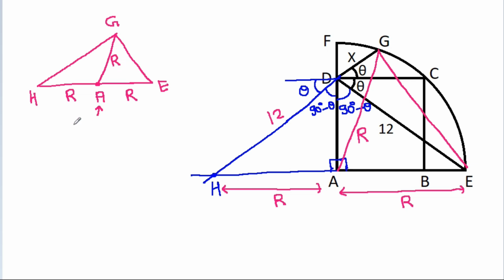So point A will be circumcenter of triangle GHE. That means we can make a circle around triangle HGE.